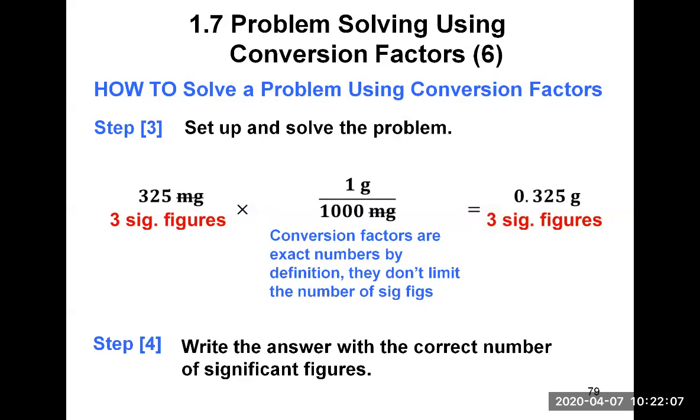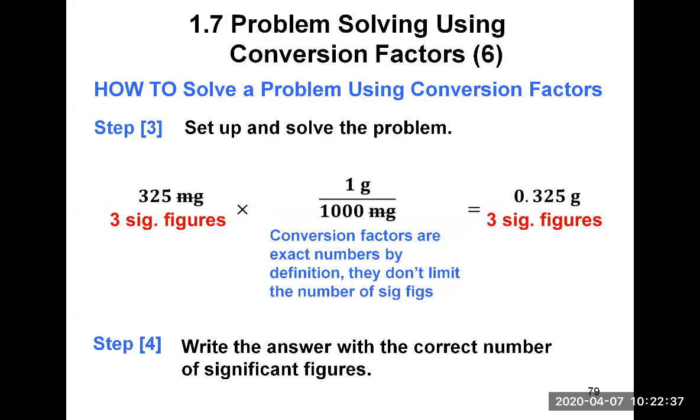The metric system established their equalities such that exactly 1 gram equals 1,000 milligrams. So these numbers will never limit your number of significant figures. They are considered exact numbers because they have been established by definition. So they will not limit your number of sig figs.